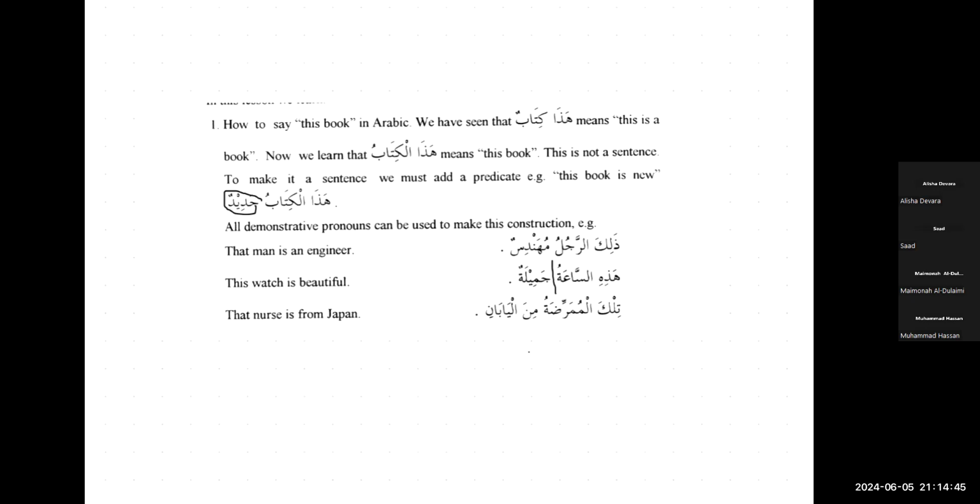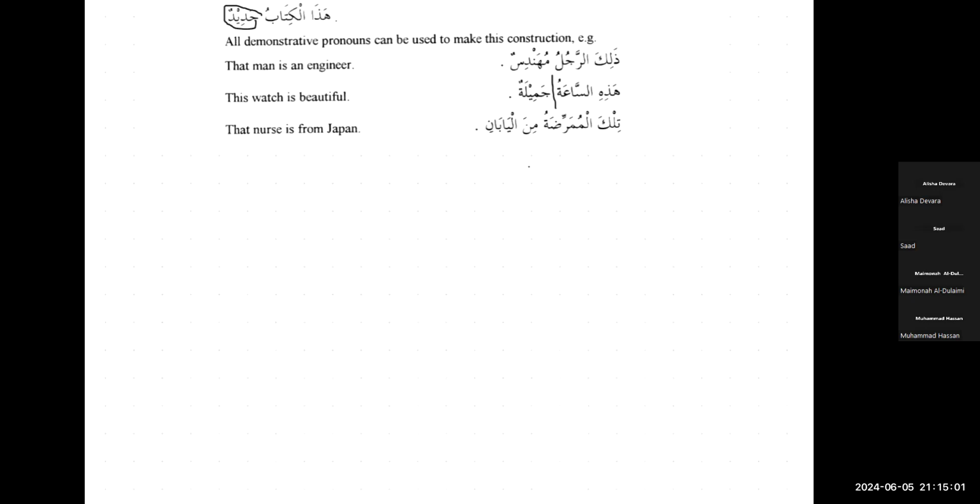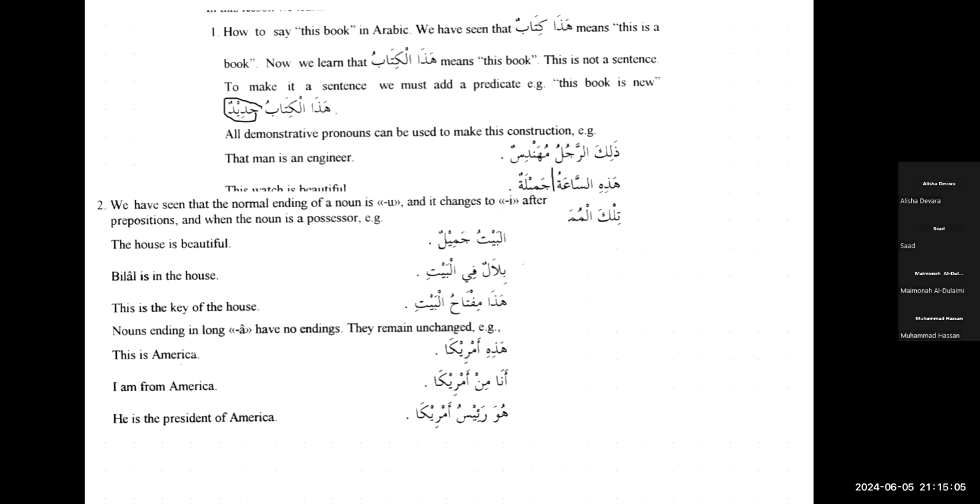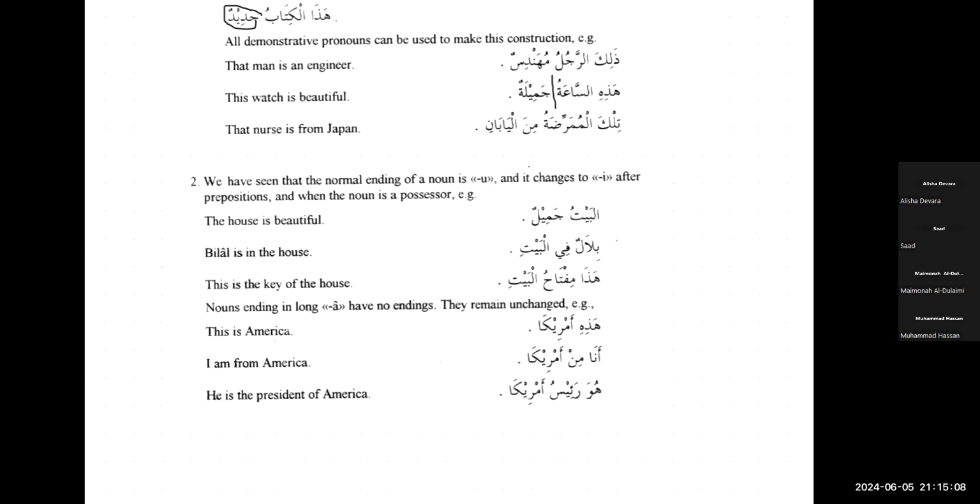we know that the normal ending for nouns or words are what? What are they? Can someone answer? تنوين. Tanween, but which type of tanween? ضمتين. Exactly. So ضمتين, of course, if it's without the alif lam ta'rif.